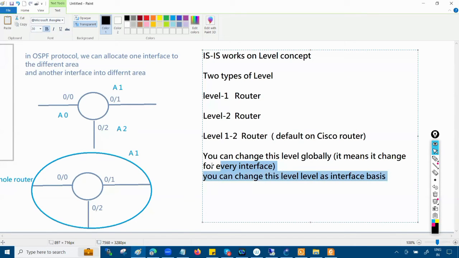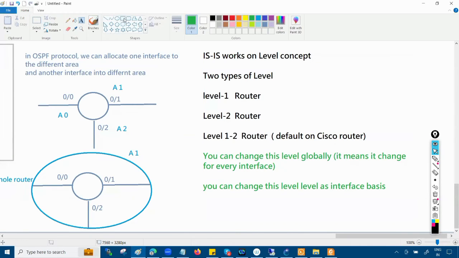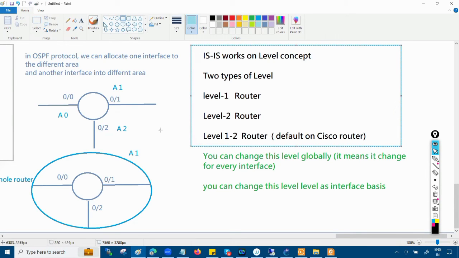So it's up to you how you're going to change it. If you change it globally, you can change it globally. If you change the interface label, you can change the interface label too. If you understand this objective, your ISIS is almost finished.